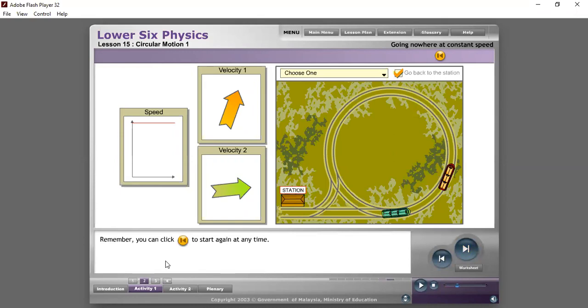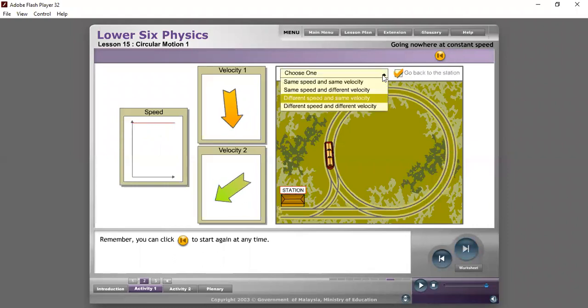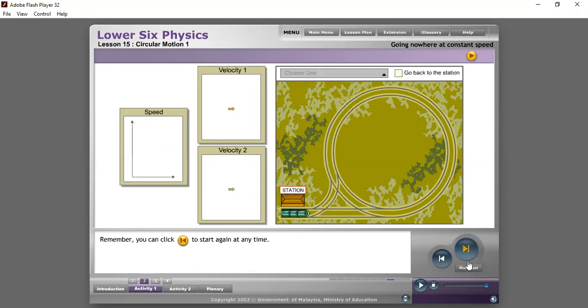Remember, you can click the reverse button to start again at any time. We need to pause and choose any one. No, cannot. So maybe there is some problem with the software.